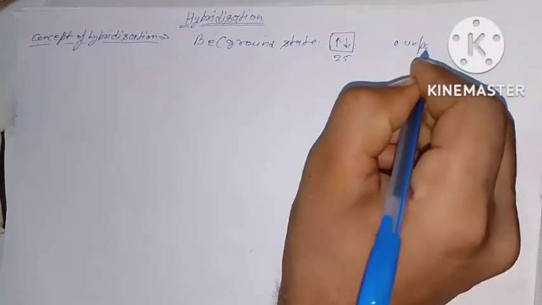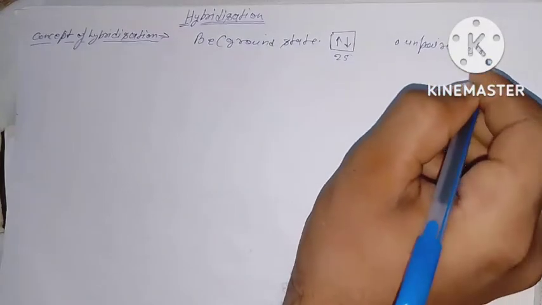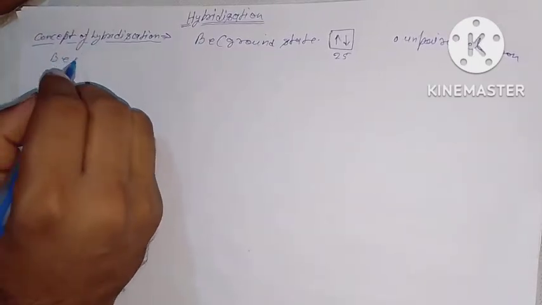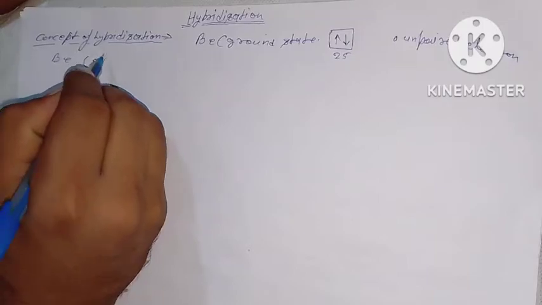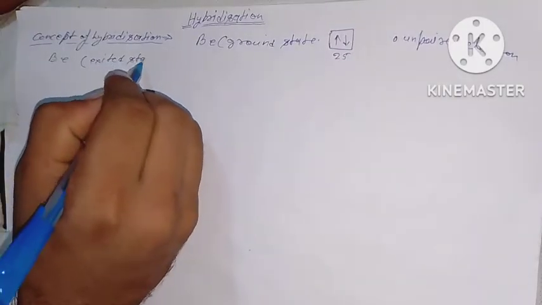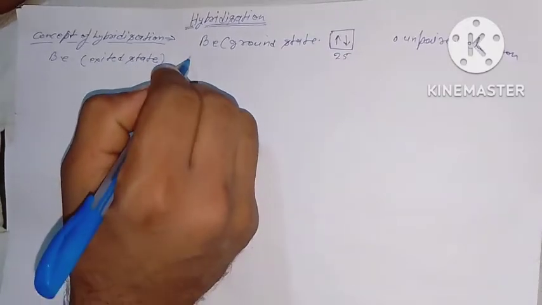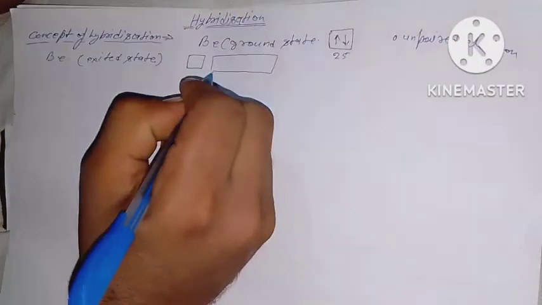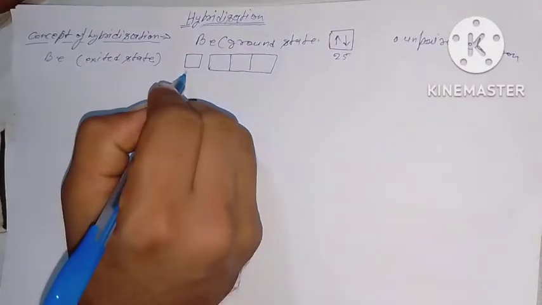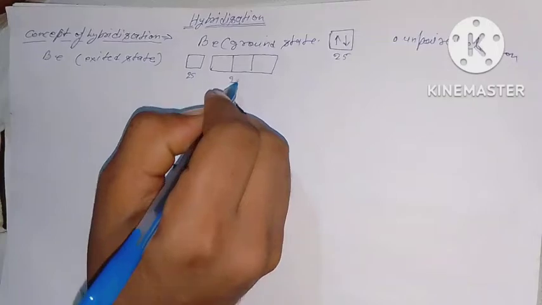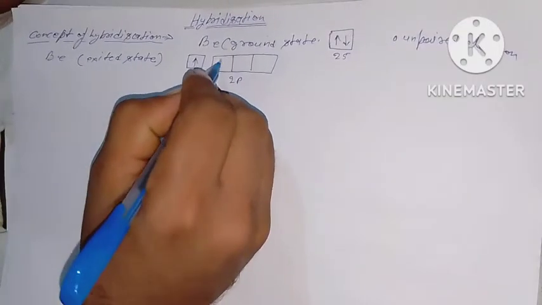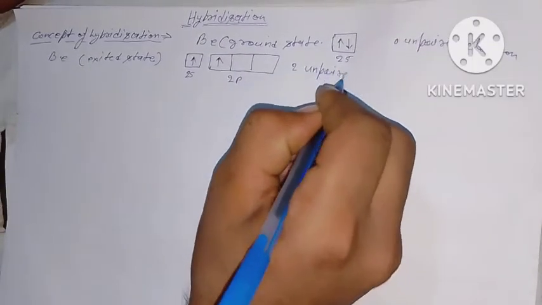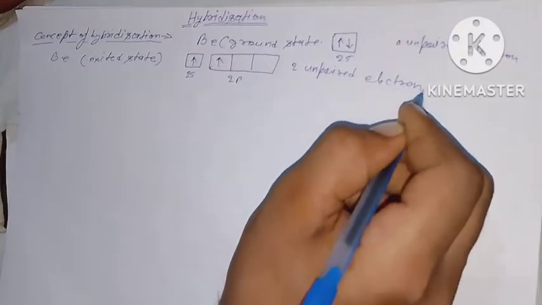Beryllium, excited state. 1s, 2s, 2p, excited state. 2 unpaired electrons. Okay.